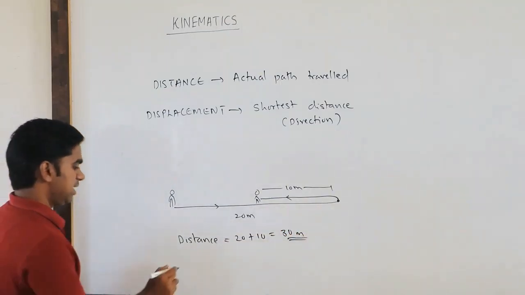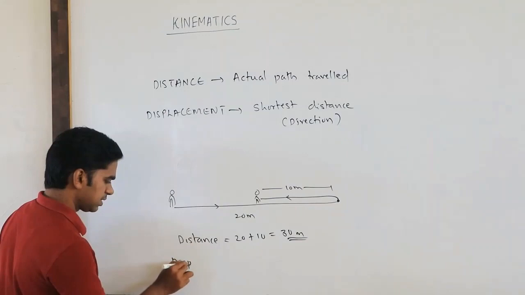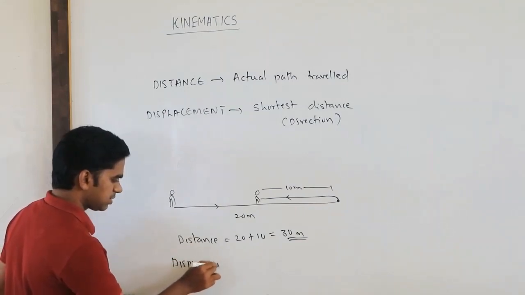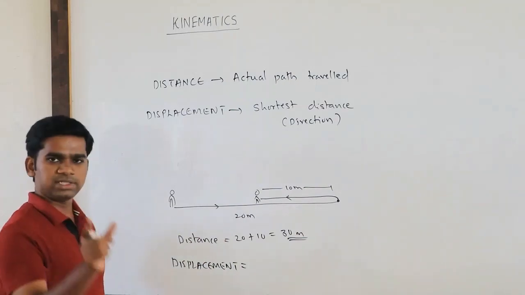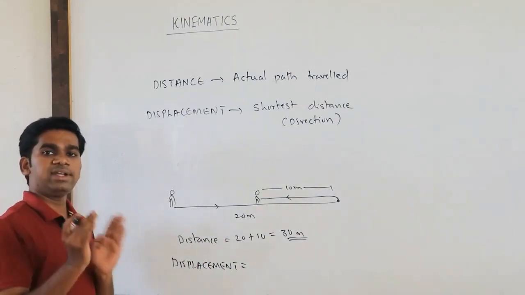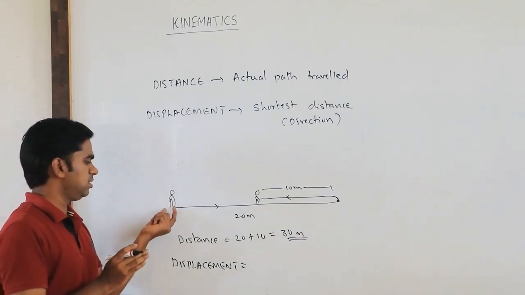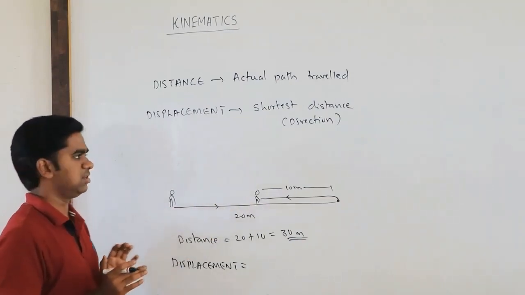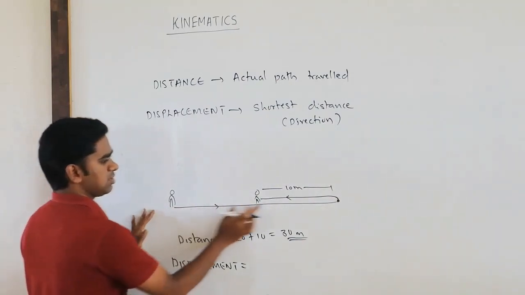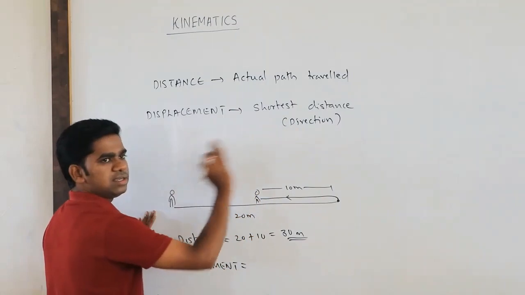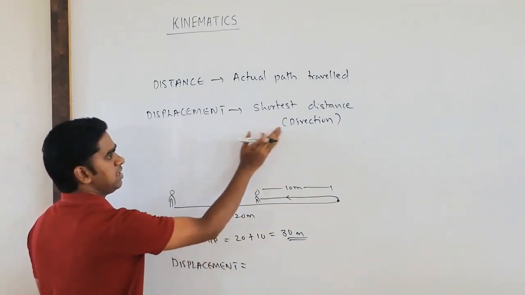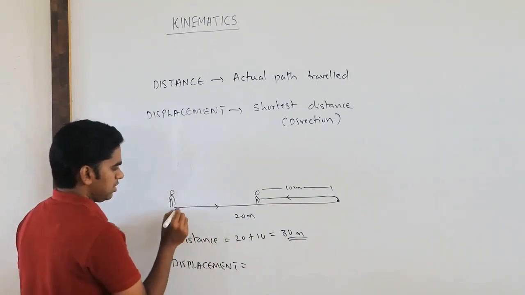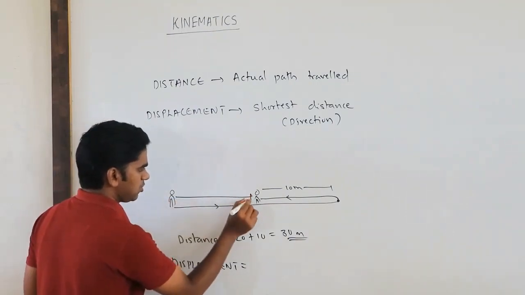Okay, displacement. What is displacement? It is the shortest distance between the initial and final position. We do not need to go along a curved path, because the direct path is required, which means it has direction. So this is going to be your displacement.